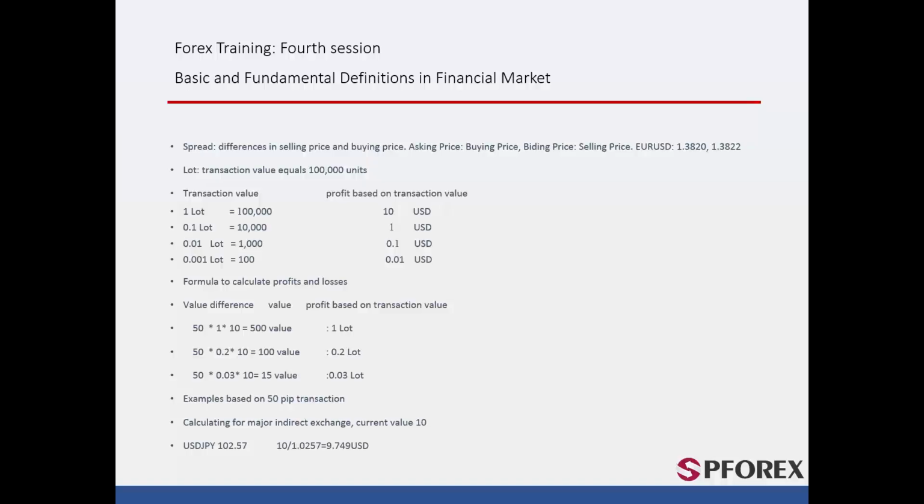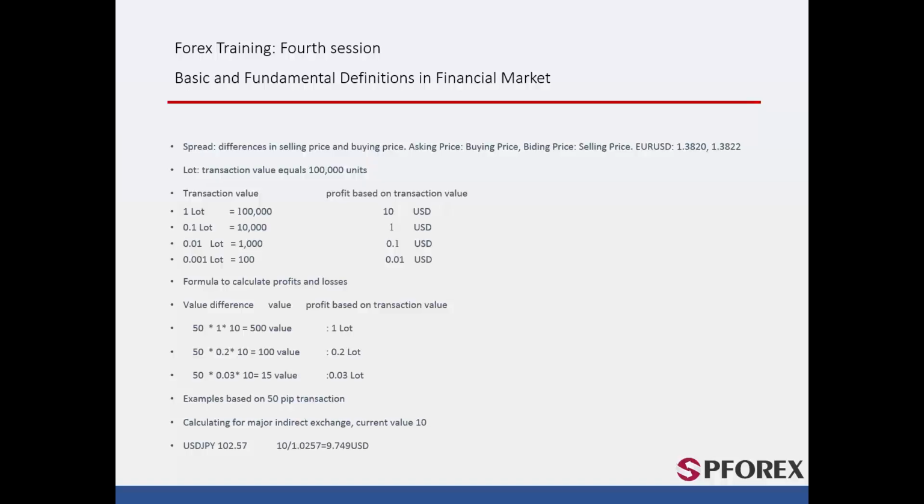Dollar was the base currency in all of the above examples. It is different for all other indirect currencies. For instance, if the US dollar against Japanese yen exchange rate is 102.57, this means that each 100 yen is worth $102.